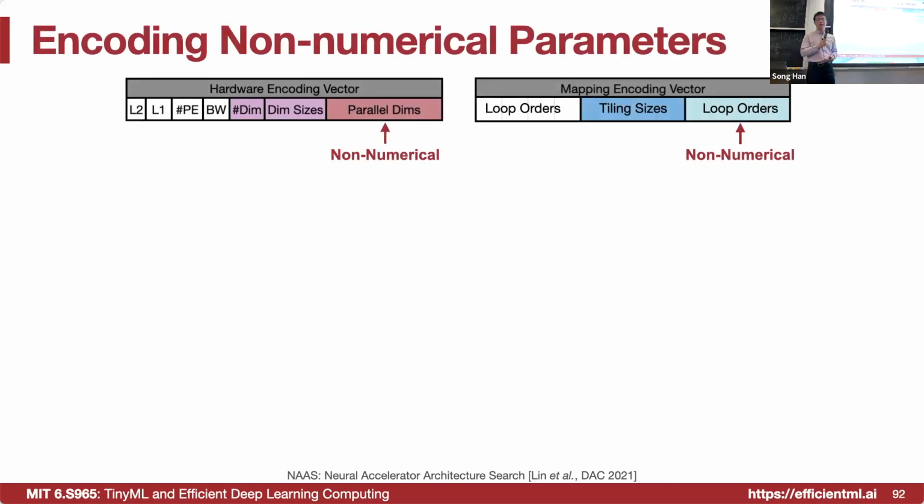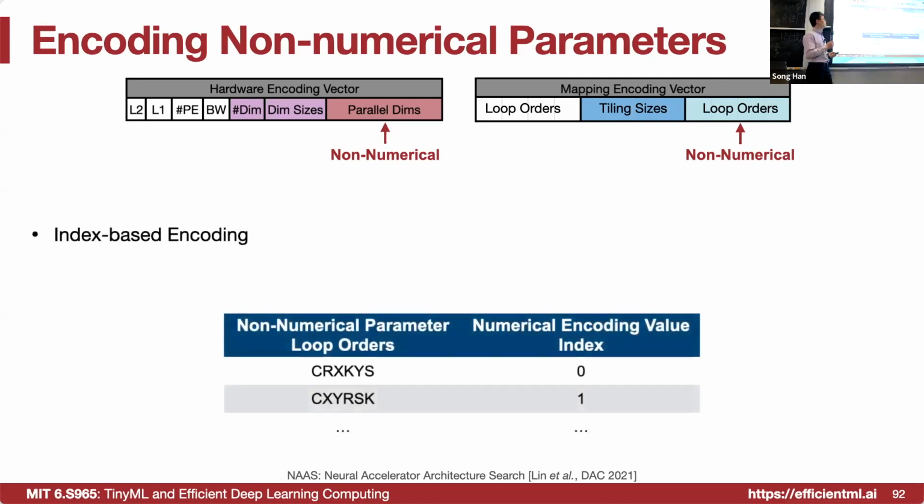There are roughly two categories. One is the numerical values, like the buffer size, the dimensions, the tile size. Those are easy since they are just numerical numbers. The difficult part is really the non-numerical parts, like the parallel dimension and the loop order.